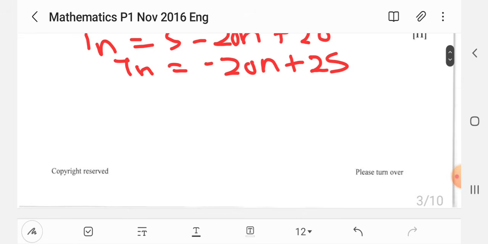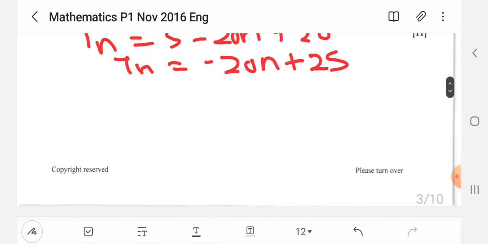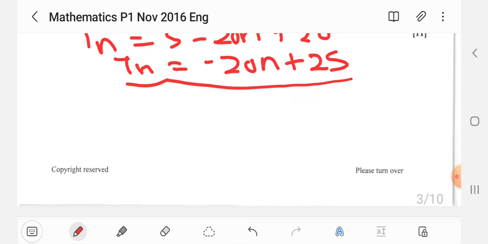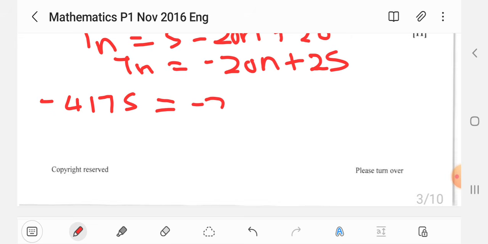Okay, and then the sequence ends at negative 4175. Now we have found the formula for the nth term. We can look at that. So we'll have negative 4175 equals negative 20n plus 25. We're solving for n.